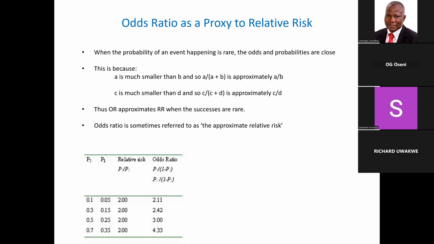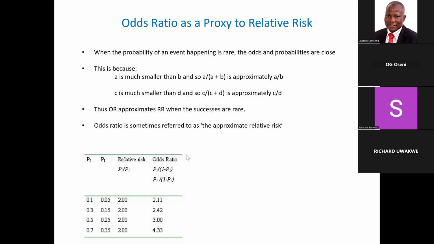It's increasing, and the difference between the relative risk and odds ratio begins to widen. So just to demonstrate that when the disease is rare, the value of the odds ratio approximates that of the relative risk.